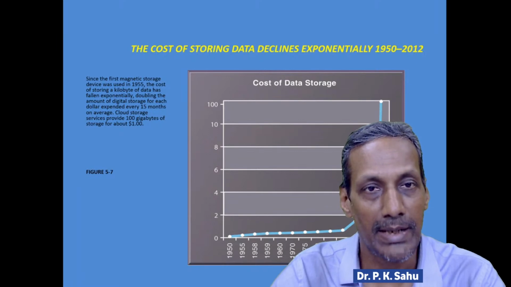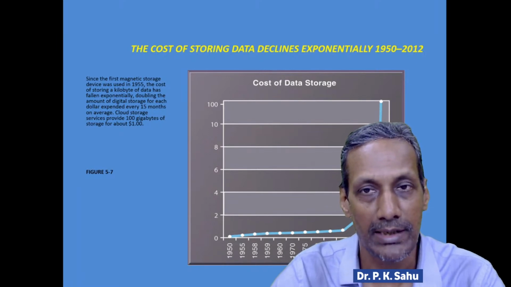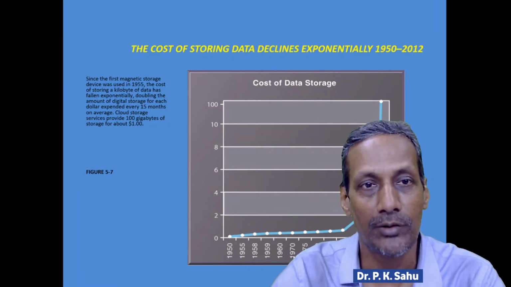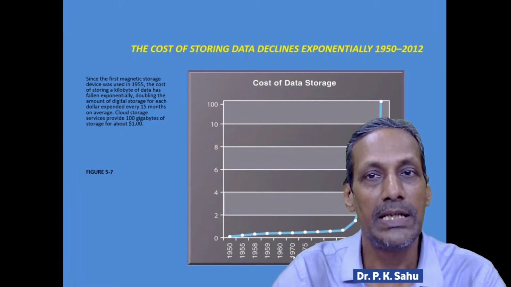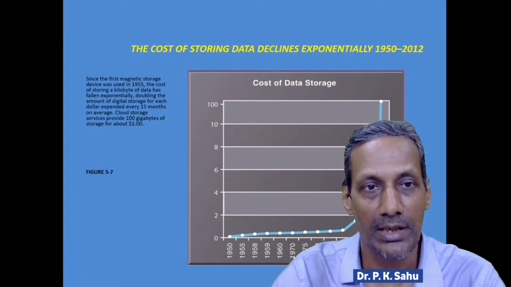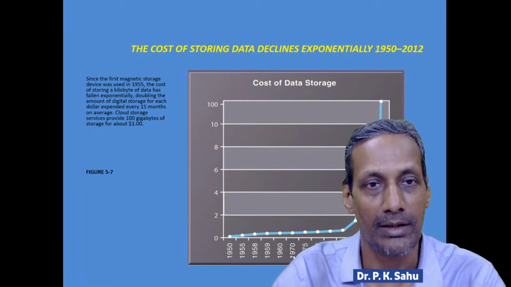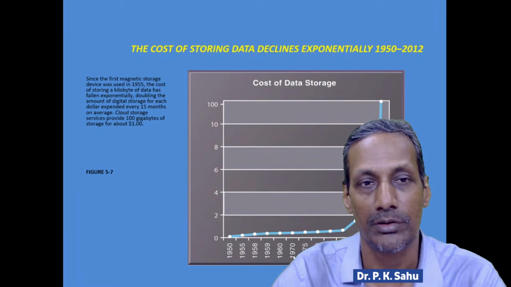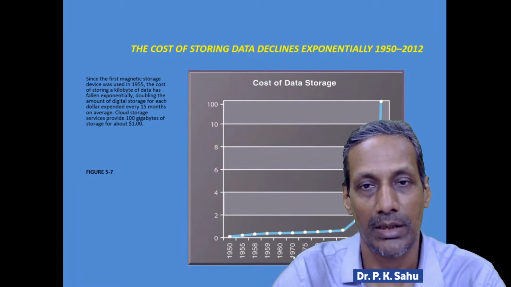Since the first magnetic storage device was used in 1955, the cost of storing a kilobyte of data has fallen exponentially, doubling the amount of digital storage for each dollar expended every 15 months on average. Cloud storage services provide more than 100 gigabytes of storage for about, say, 100 rupees.